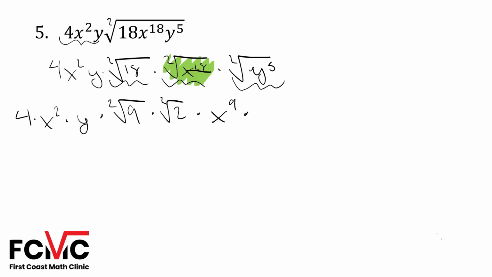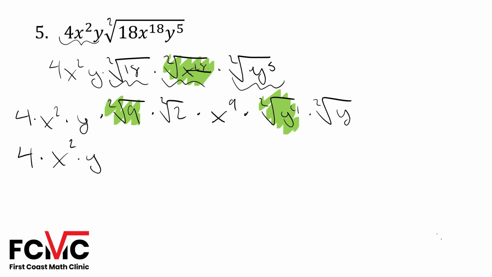And this value here, the square root of y to the 5th, I can break that up into square root of y to the 4th times square root of y. So I could take the square root of 9. I could take the square root of y to the 4th. So I'm going to rewrite this, pulling all of my values that are not under the radical out front.